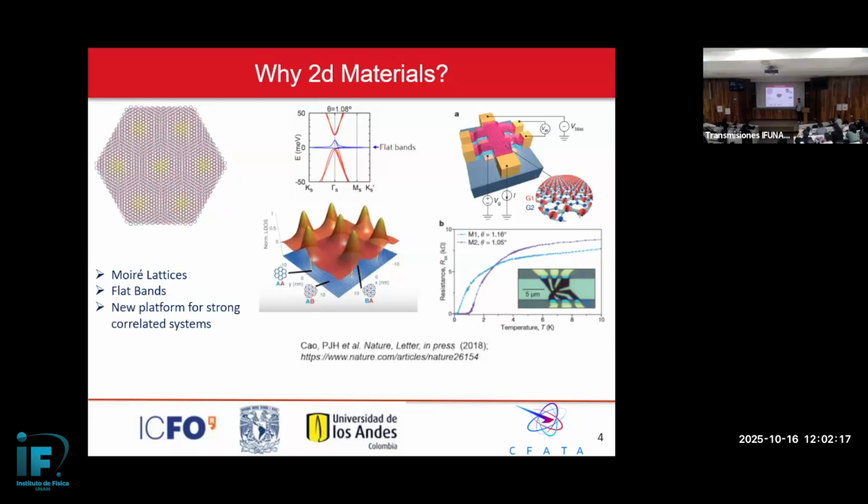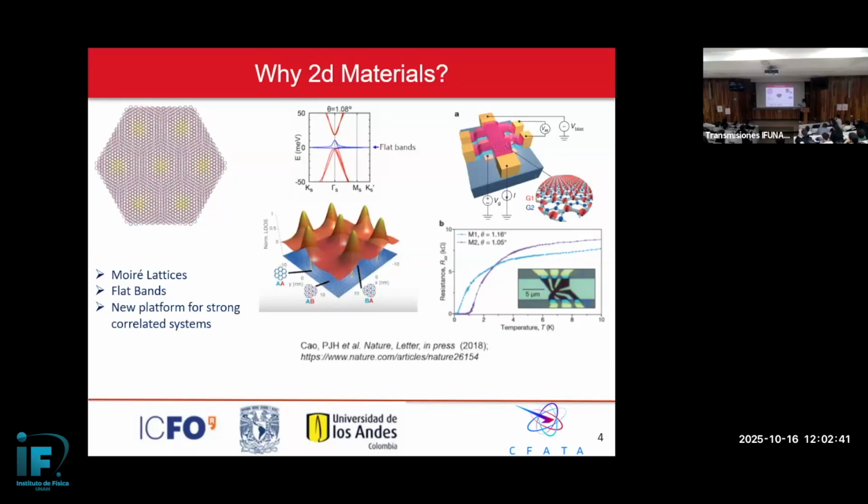Remember the band structure? Now we have flat bands, and flat bands means that there are no more valleys up here and down here, right? So the effective mass of the carriers inside the moire patterns will be huge. So the electrons will be very happy, and they demonstrated that.